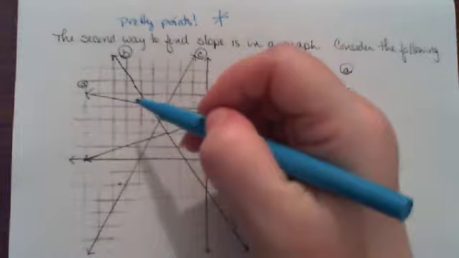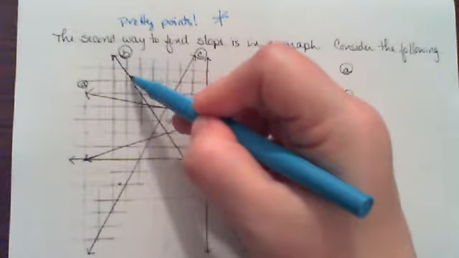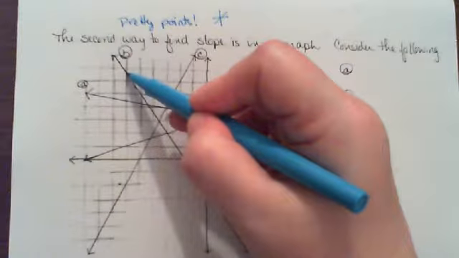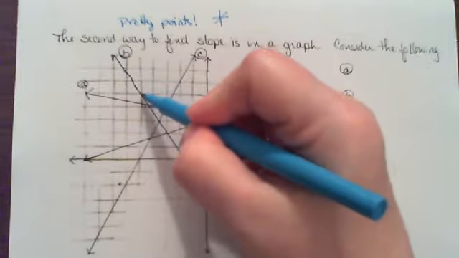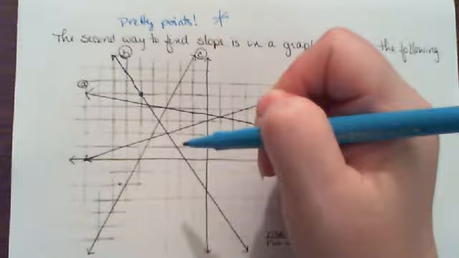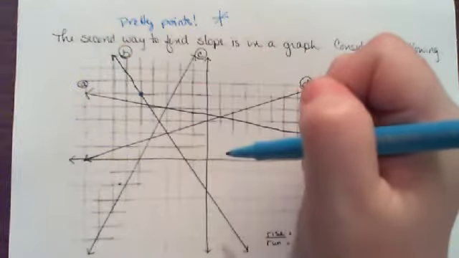Pretty points are where the graph crosses at a perfect T. So when I look at this line B right here, this spot right here where the line crosses my coordinate plane behind it, that's not at a perfect T. It crosses it, but it's not at a perfect T. But if you look down here, right there, that's at a perfect T. The line crosses that T exactly.